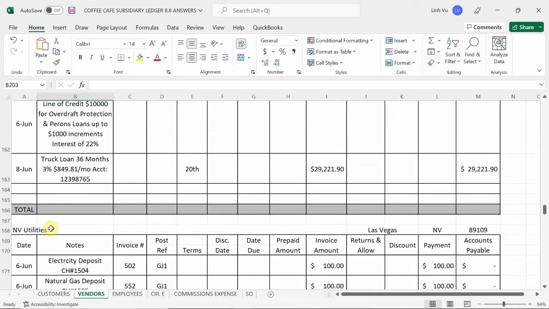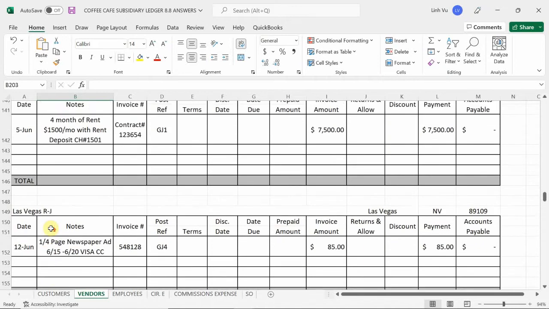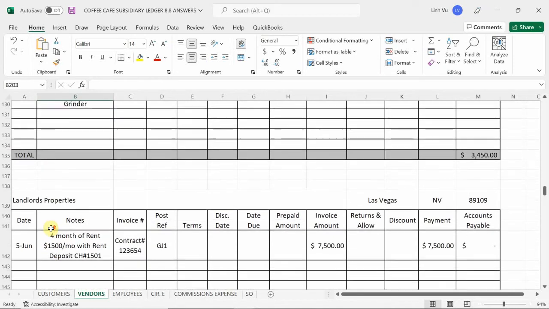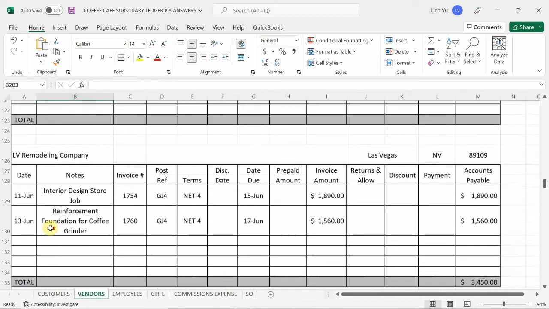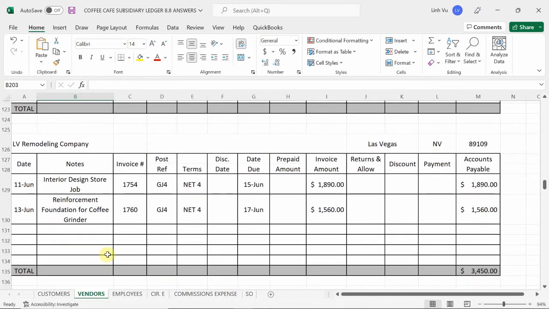LV Remodeling. Here you go, LV Remodeling. We're taking a look here. How much do we owe? How much are we going to pay?